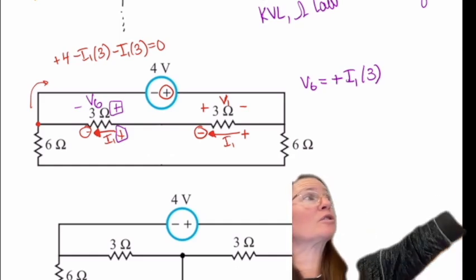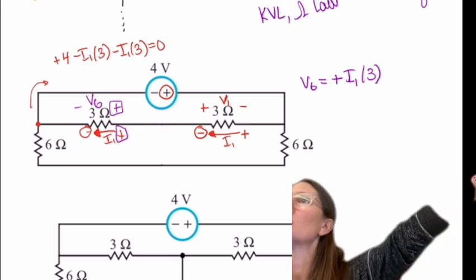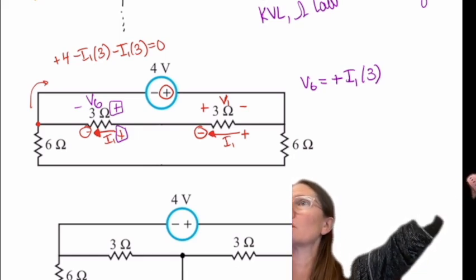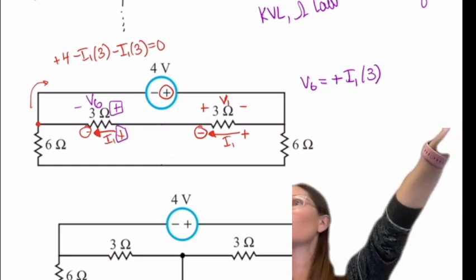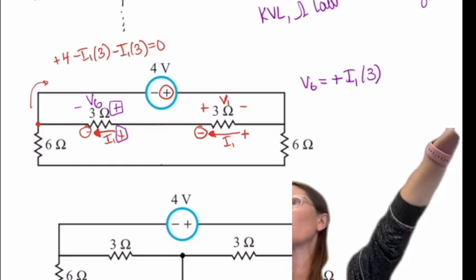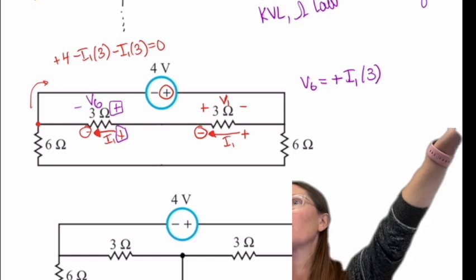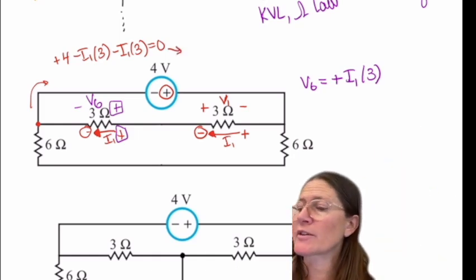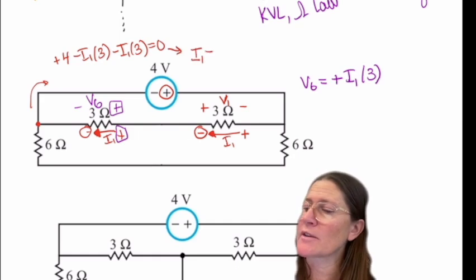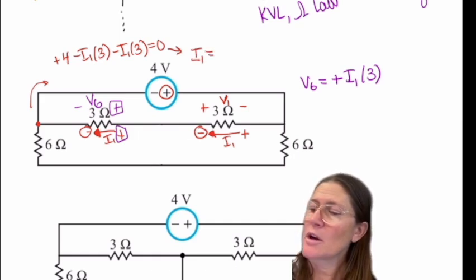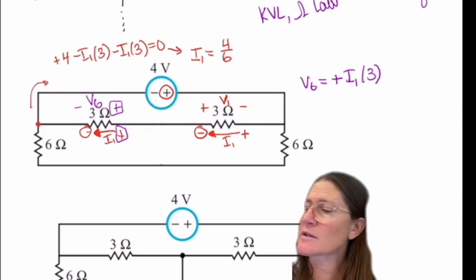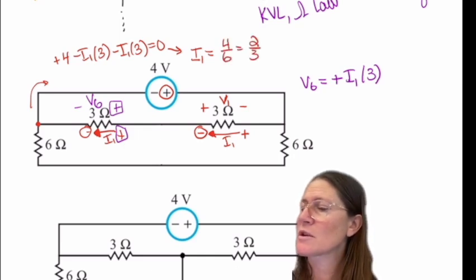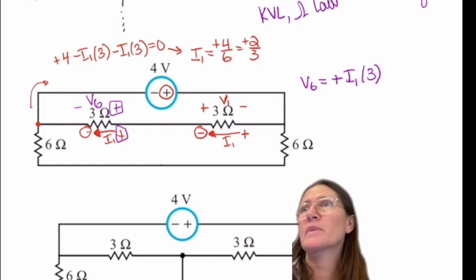No, you would still do it with the current direction, because you're solving it for current. It's only when you do the Ohm's law that you determine what the polarity is. So here I would solve this. This gives me that I1 is equal to 4/6, or 2/3. And it's a plus this time.